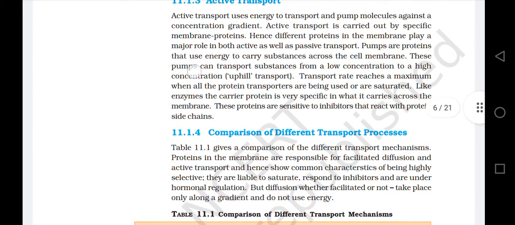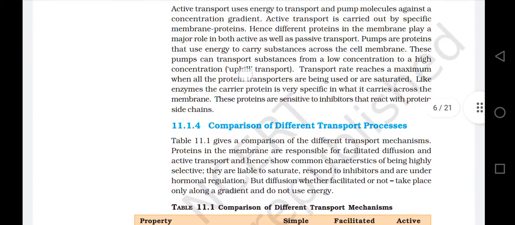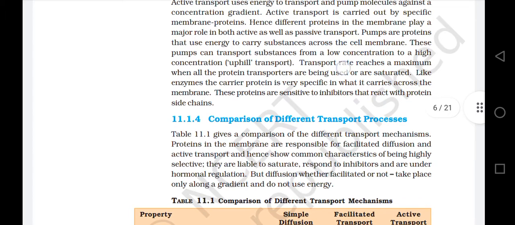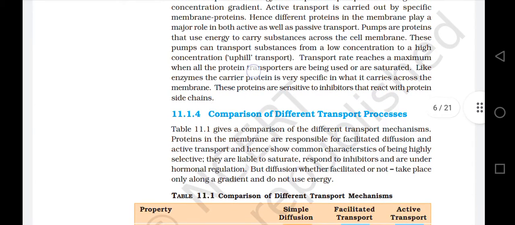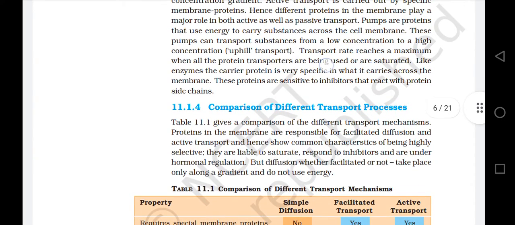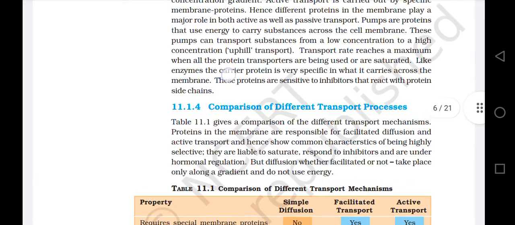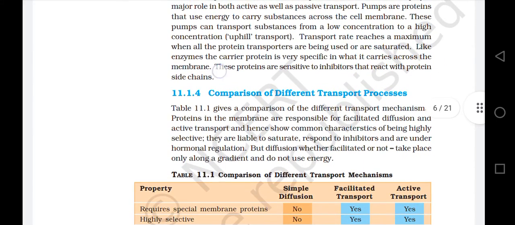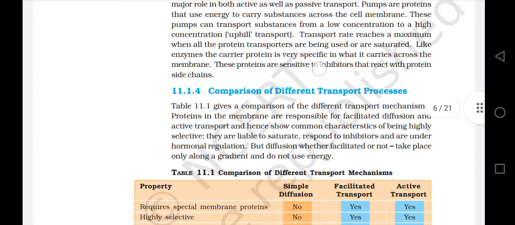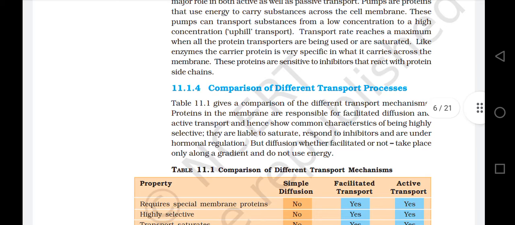These pumps can transport substances from a low concentration to a high concentration, which is uphill transport. Transport rate reaches a maximum when all the protein transporters are being used, or are saturated. Like enzymes, the carrier proteins are very specific in what they carry across the membrane. These proteins are sensitive to inhibitors that react with protein side chains.